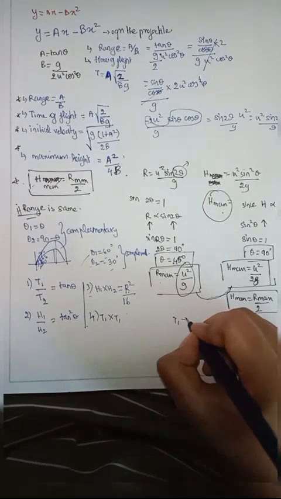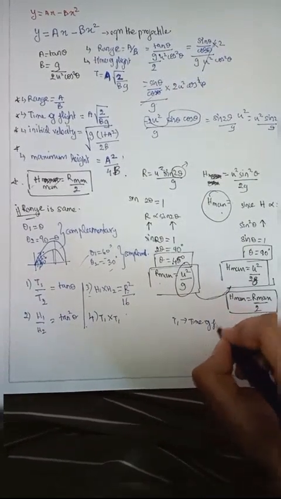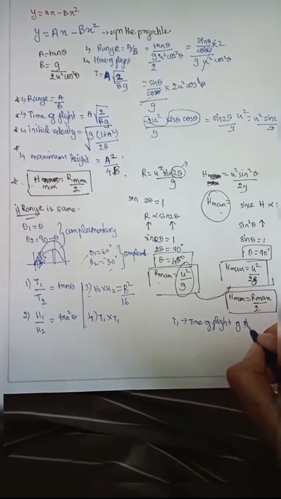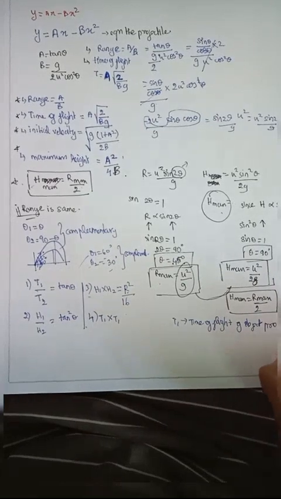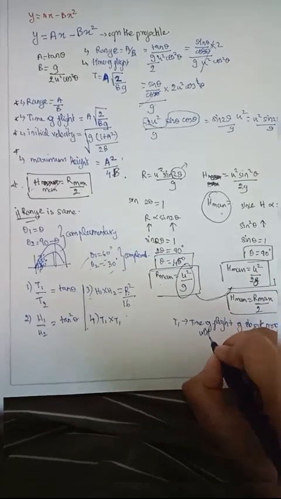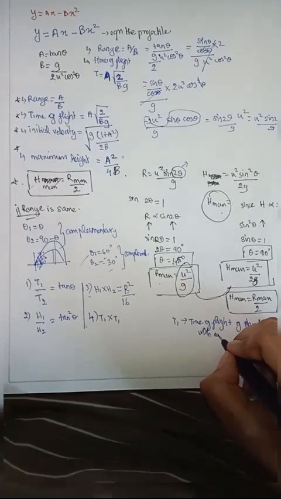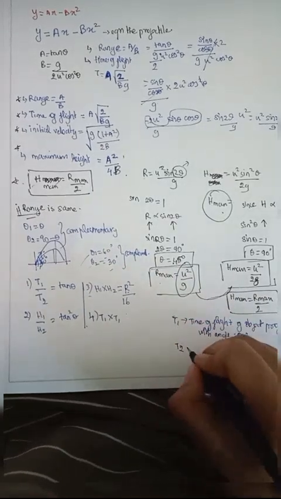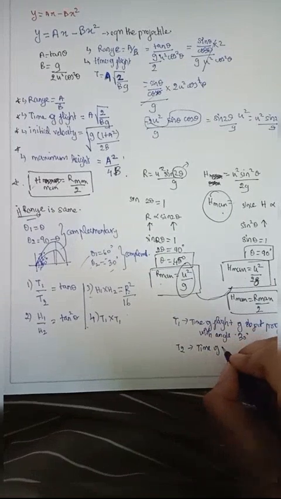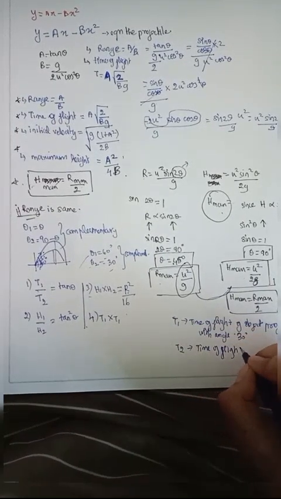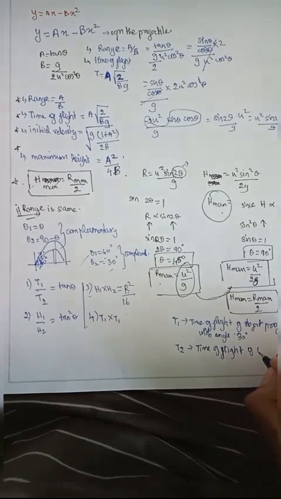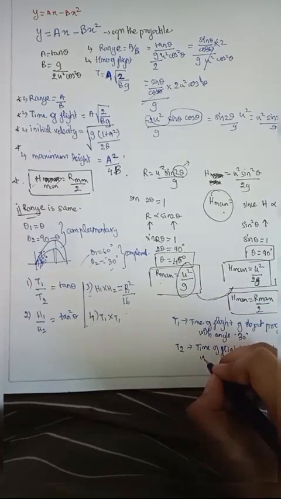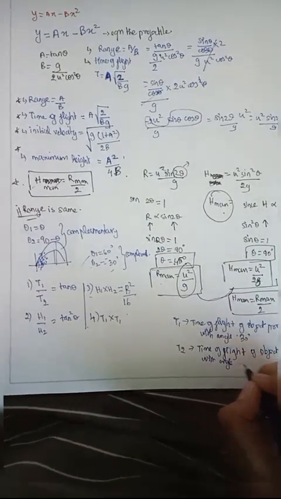Okay, and we are going to see another important formula, T1 into T2. T1 is the time of flight of a projectile projected with an angle 30 degree. T2 is the time of flight of an object projected with an angle 60 degree.